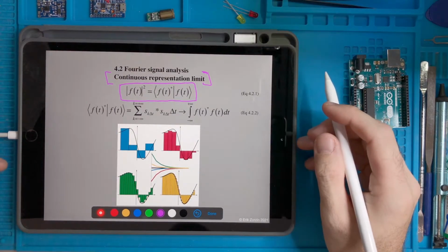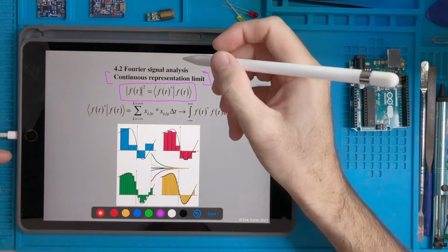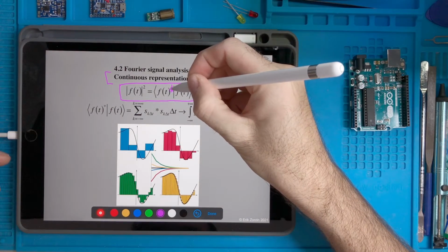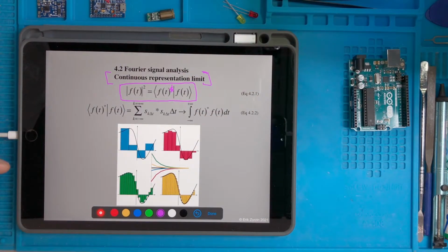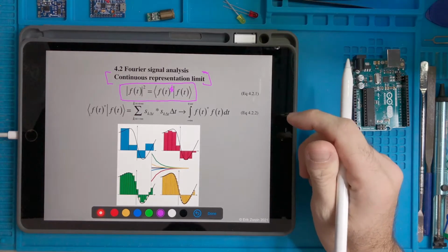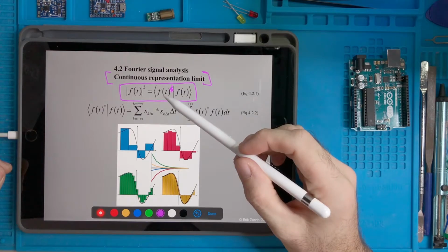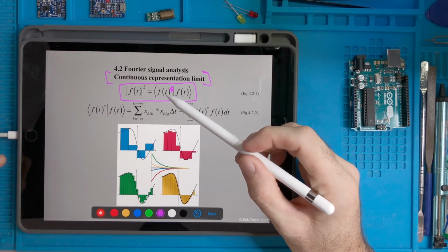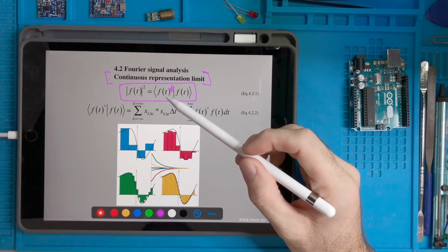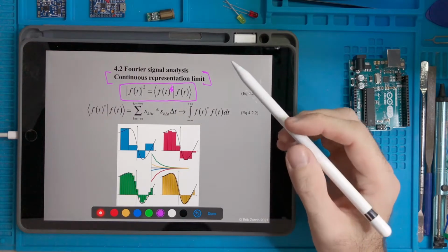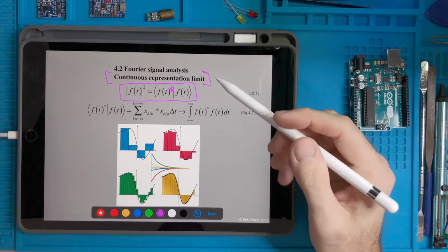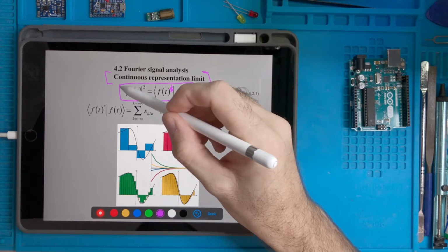This was the inner product, also with this extension to complex numbers, because here we have this star, the complex conjugate, which means that these are values of f, and for each of those values we take the complex conjugate, and this gives us the square of the magnitude.